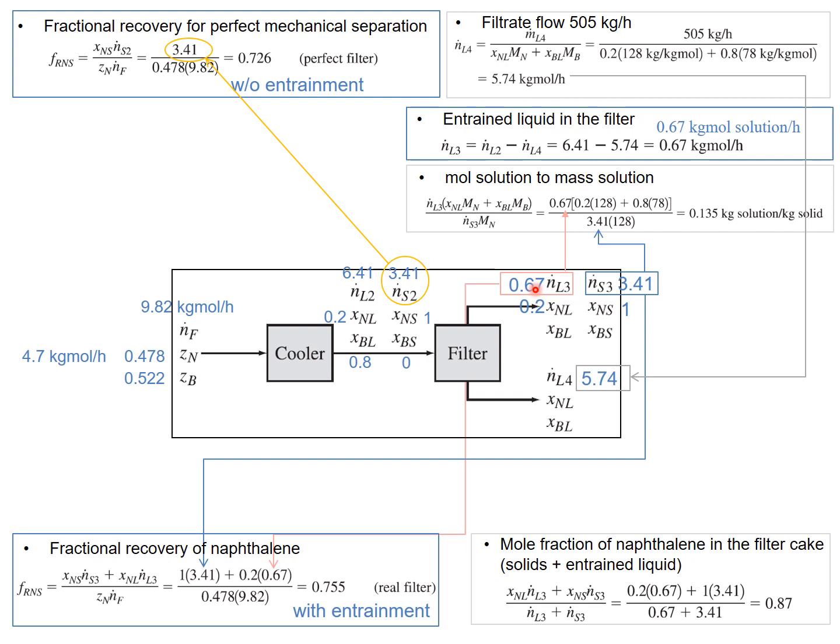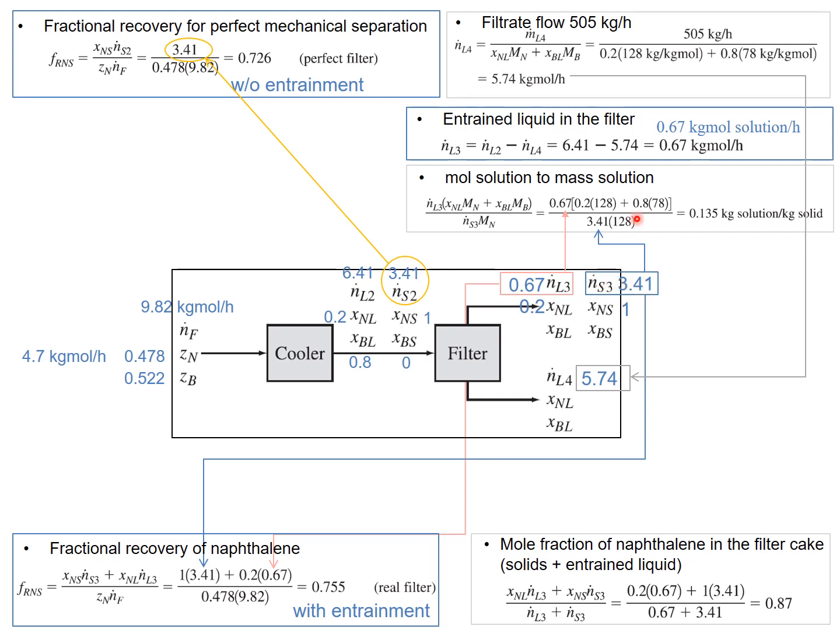Then let me calculate the entrained amount per kilogram of solid in this top stream. The numerator is related to the amount of liquid, right? So in these equations I have converted the moles into mass of liquid, and the denominator is the amount of solid.